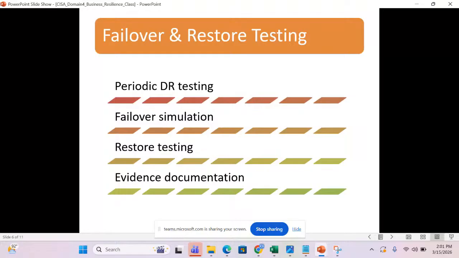All right. So for failover and restore testing, we already stated earlier that there is no essence of you having a backup, a backup IT dependency, and you are not testing them.